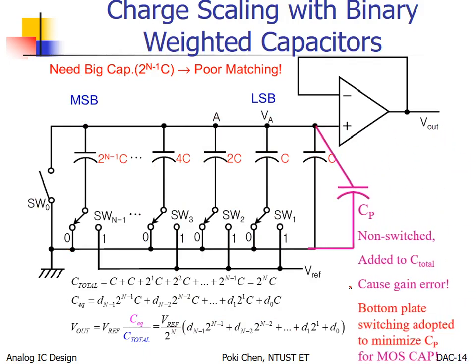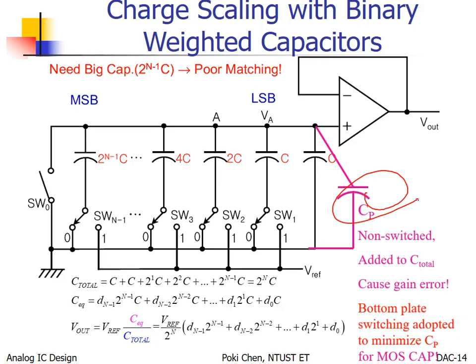The next problem is, we know that for all those capacitors, they have parasitics. And can you switch CP? No way. You have no way to switch CP, right? So what is the impact of CP? What is the impact of CP?